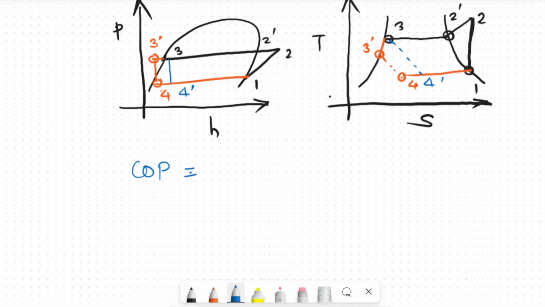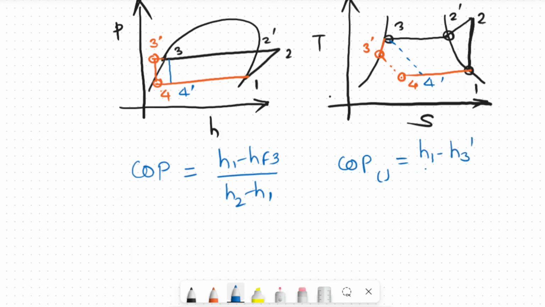COP will be equal to H1 minus HF3 divided by H2 minus H1 in the original cycle, and in case of undercooling or subcooling, COP will be equal to H1 minus H3 dash divided by H2 minus H1.